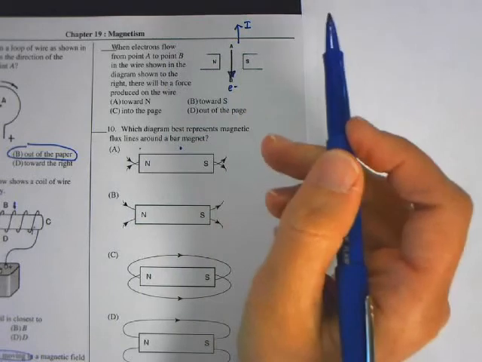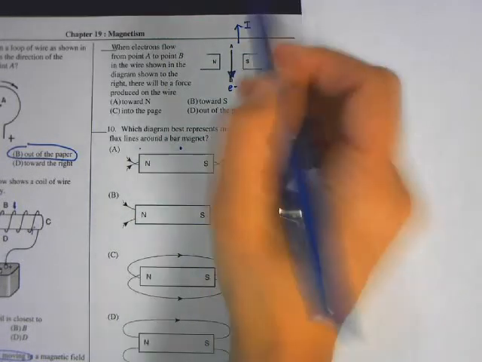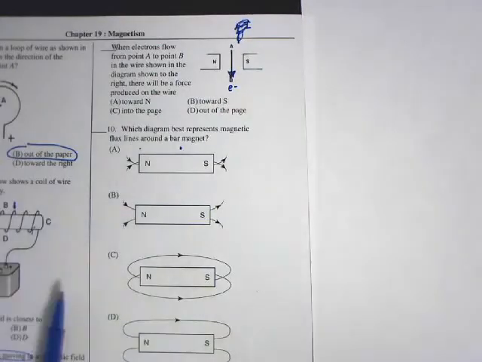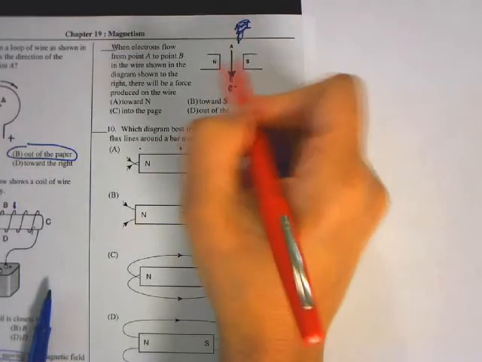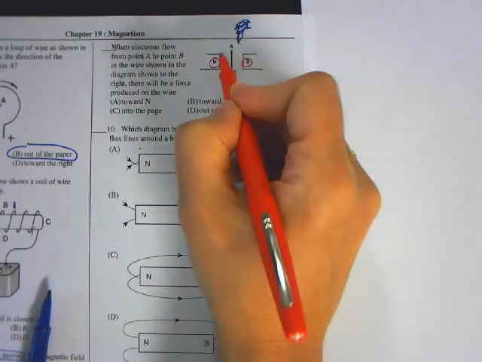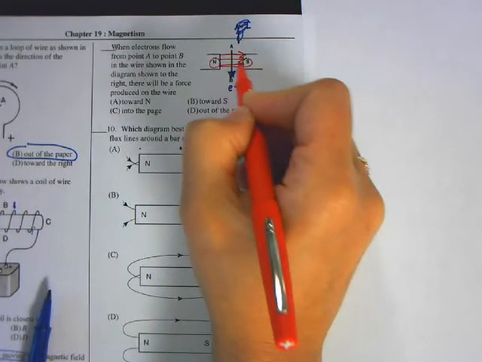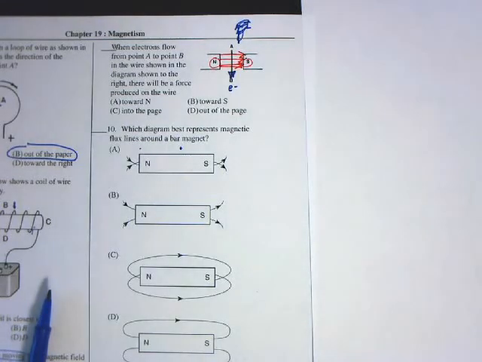So first of all, what we do here is you need to draw what's happening, the magnetic field. So we know it goes from north to south. So I'm going to draw this like that. Now, I'm going to use my thumb for the electron flow.